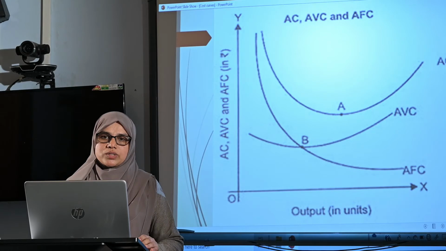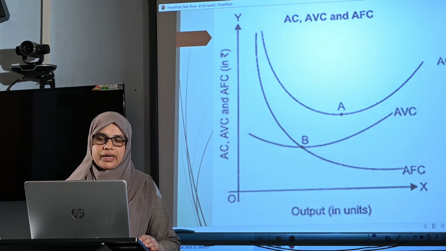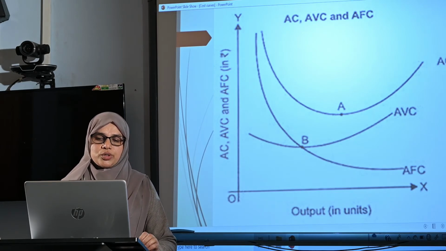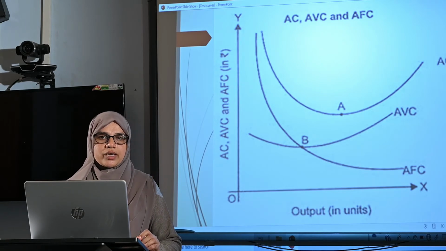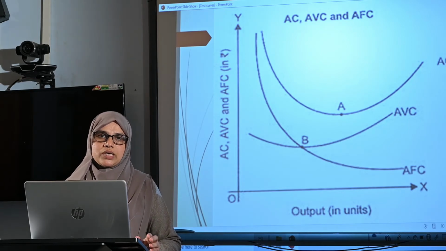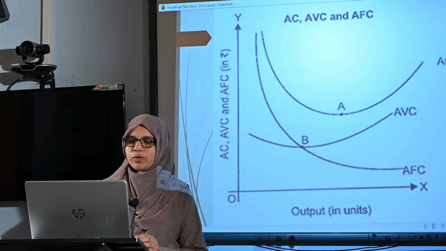Average variable cost reaches minimum point at the point of B and average cost at point A, showing that average variable cost reaches minimum point at a lower level of output than average cost. This is because average cost includes average fixed cost also besides average variable cost.